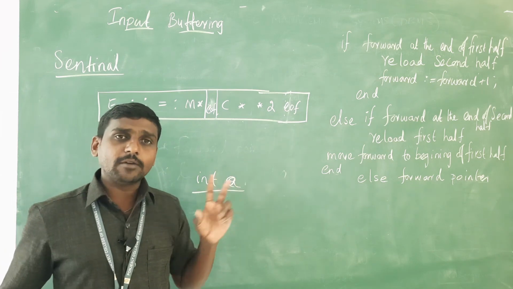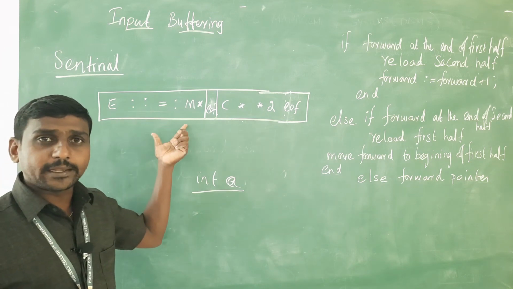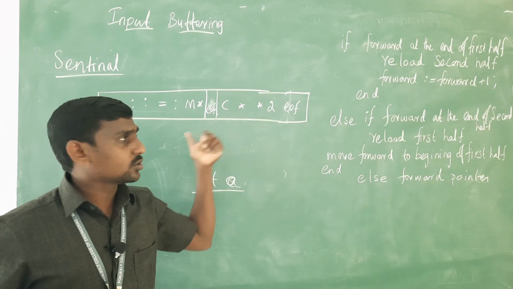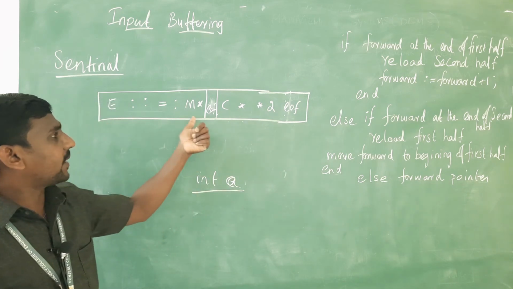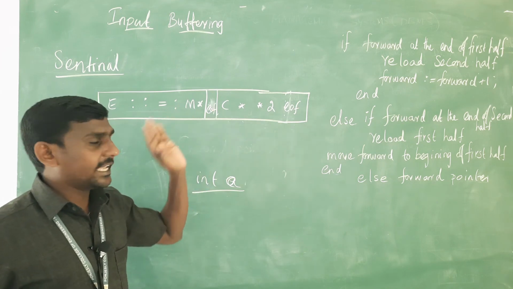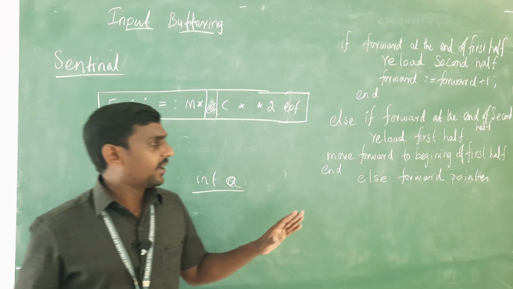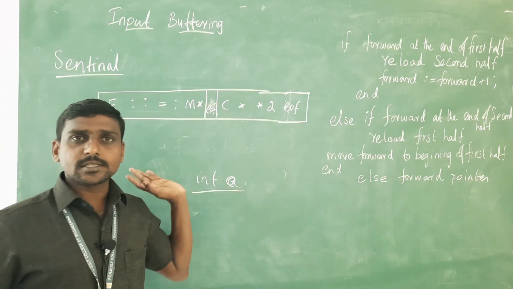Here there is no need for two tests, because in the buffer pair, even though the pattern matches, it should go to the second half also, so two tests are required. But here, even if it matches in the first half and reaches the end of buffer, it exits from the buffer. Clear? This is the advantage of sentinels over the buffer pair.